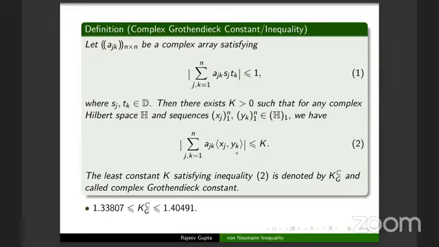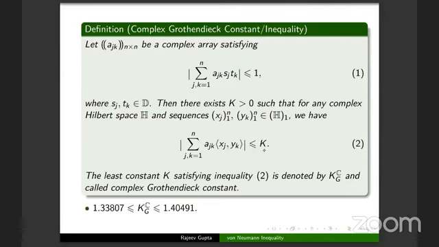So what happens to this quantity? It turns out that this quantity is going to be less than or equal to some constant k, and this constant k will not depend on the length of the vectors xj or yk. If you want to choose 100-length vectors, that also is allowed here. In fact, this constant k will not depend on the matrix ajk either.